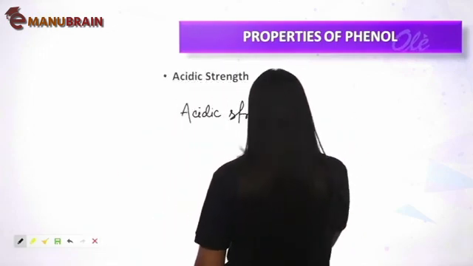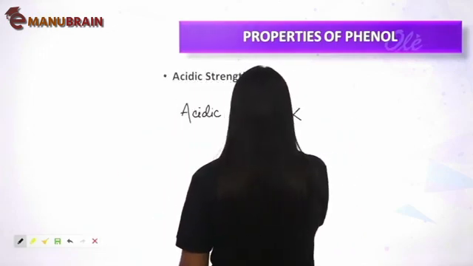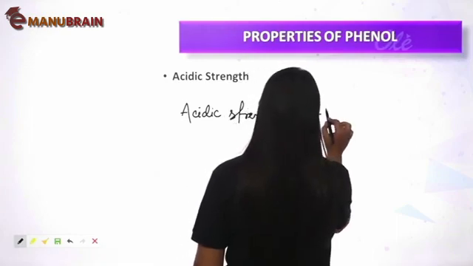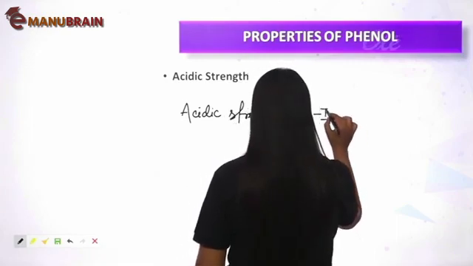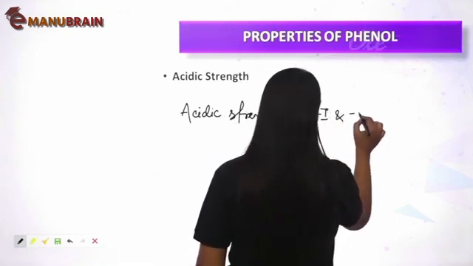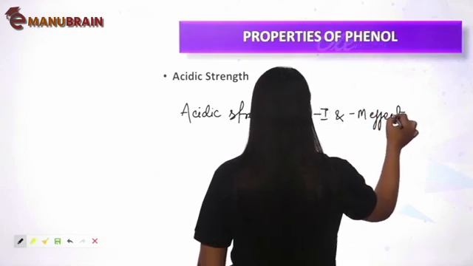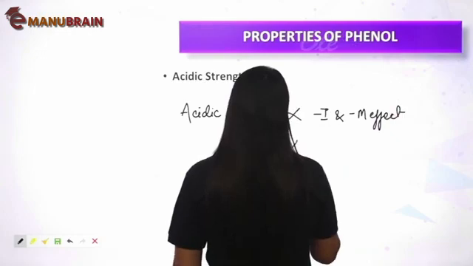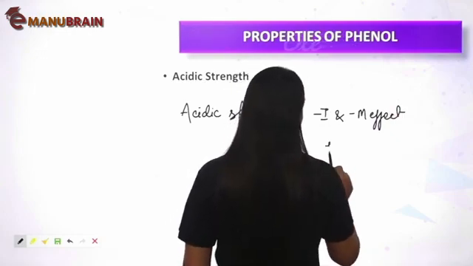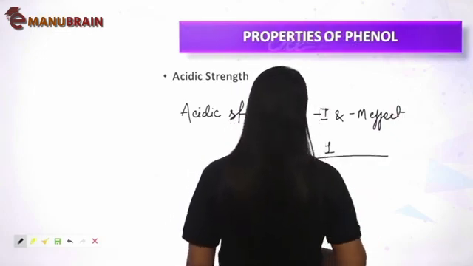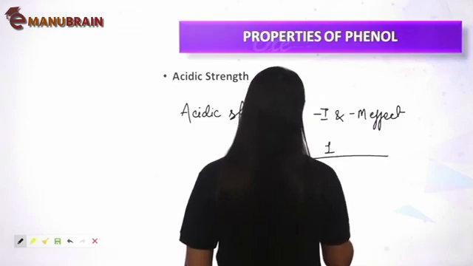So acidic strength of phenol will be more if a compound is showing -I or -M effect, and it will decrease if these factors decrease.